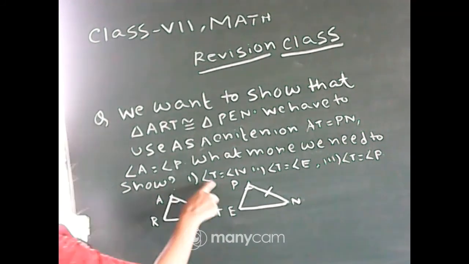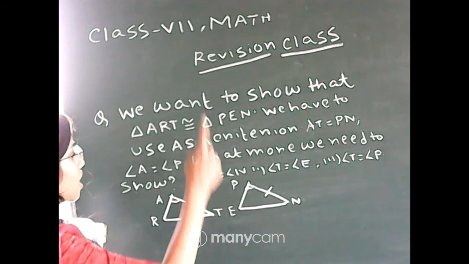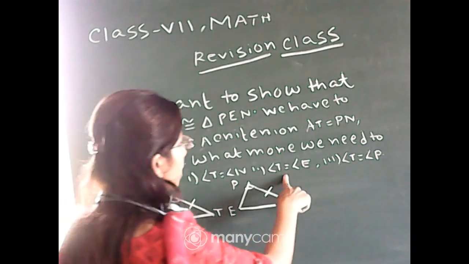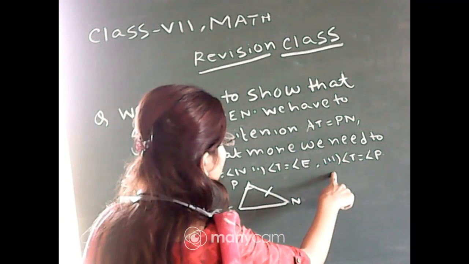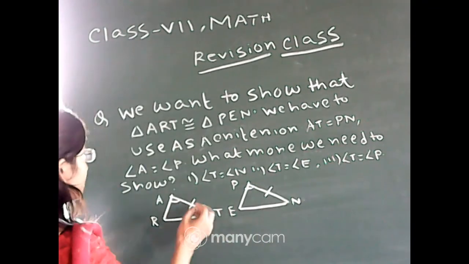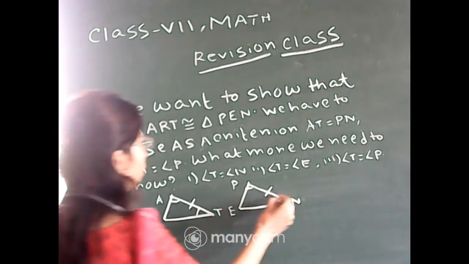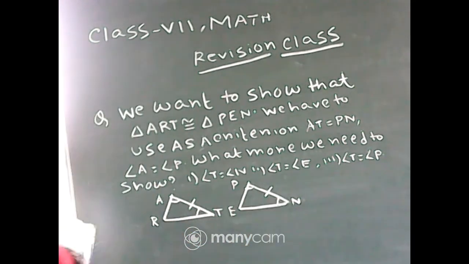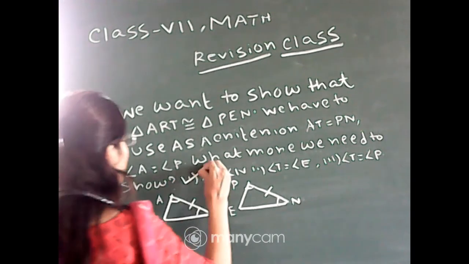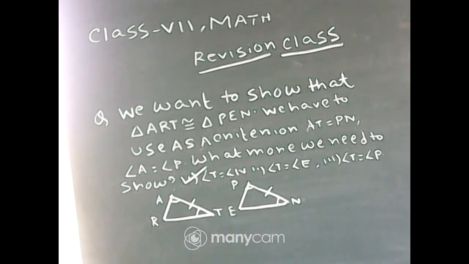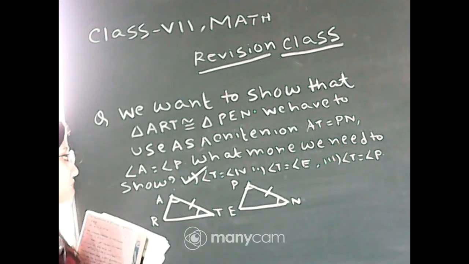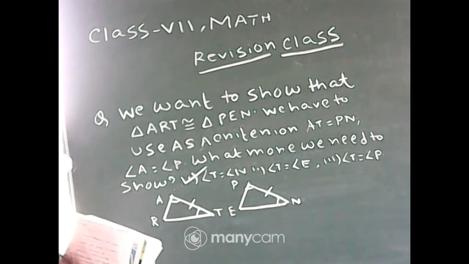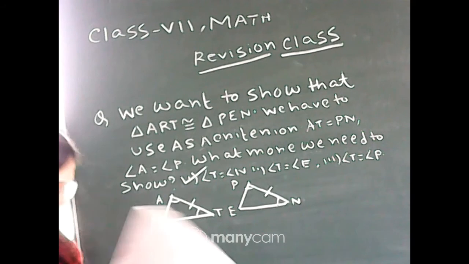Option 1 is angle T is equal to angle N. Option 2 is angle T is equal to angle E. And option 3 is angle T is equal to angle P. We need to show angle T is equal to angle N. So, option 1 is the correct answer. Clear? Up to this portion, any problem? If you have any doubt, then you can ask me.